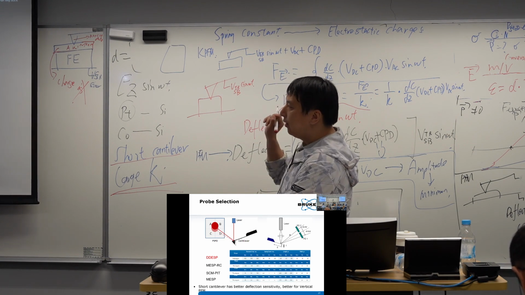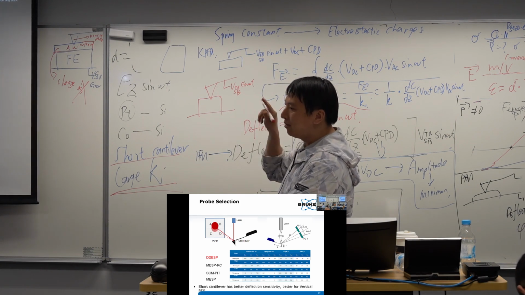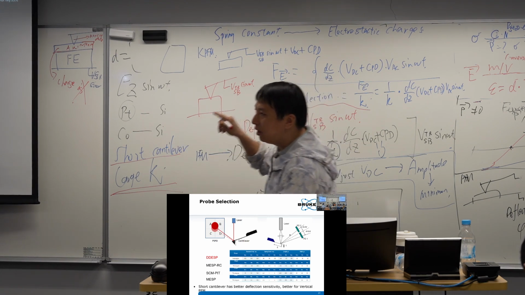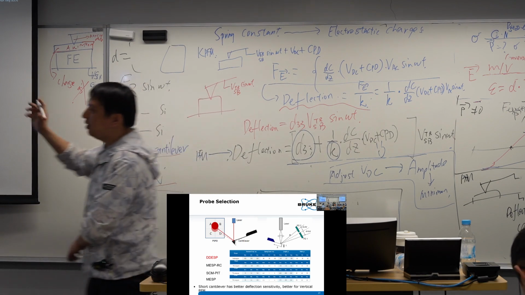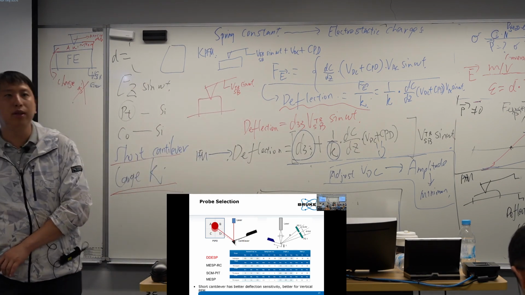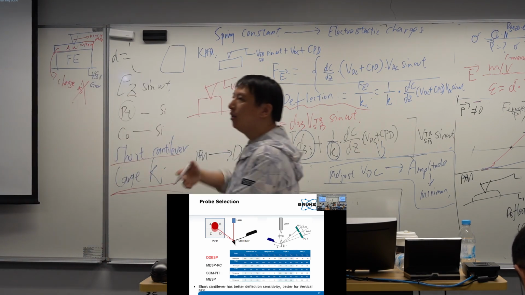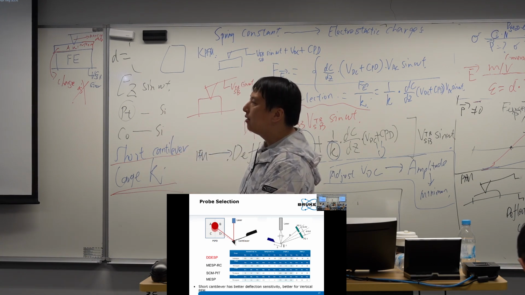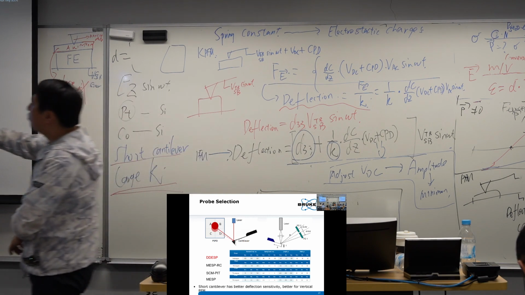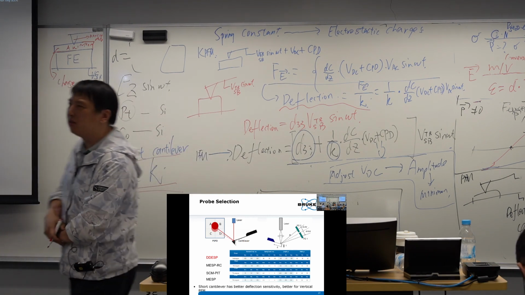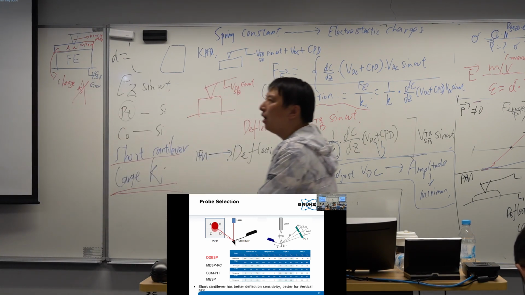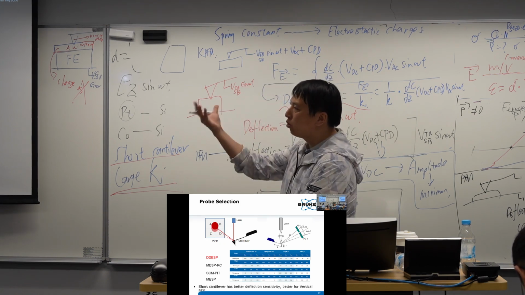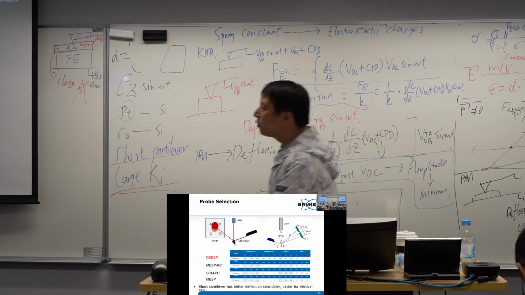But this probe has disadvantages: it is expensive, and the radius is relatively large. I brought the probe today, and you can play around with it in the hands-on session. The radius is maybe around 50 or 60 nanometers, so it's quite a rough probe.